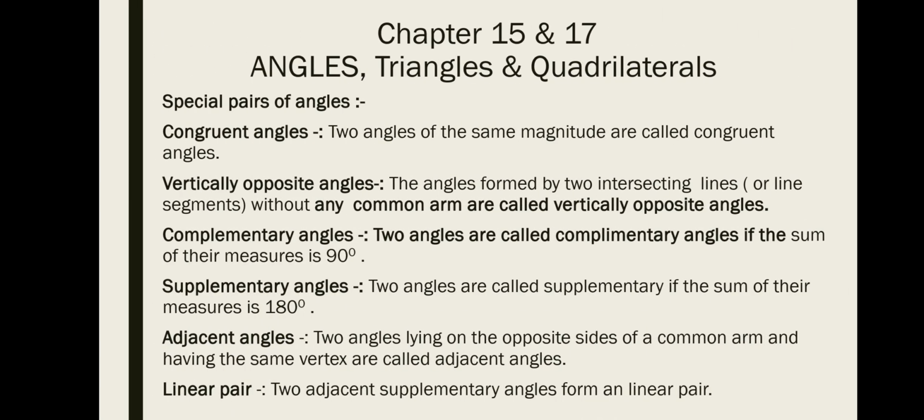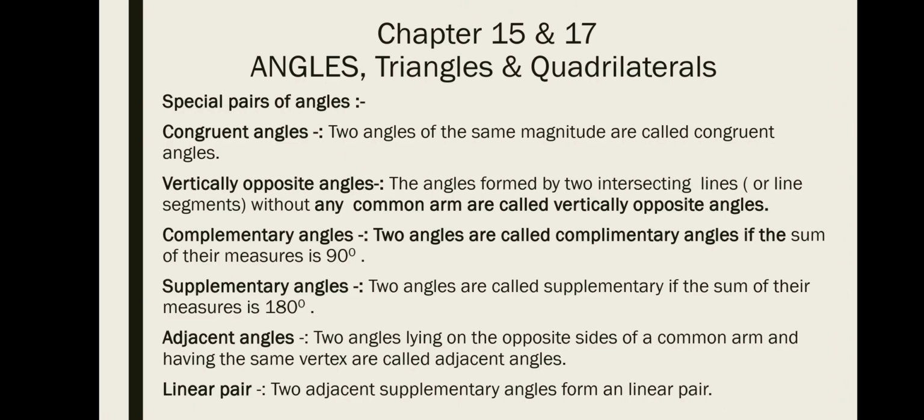Special pairs of angles, congruent angles. Two angles of the same magnitude are called congruent angles. Vertically opposite angles. The angles formed by two intersecting lines or line segments without any common arm are called vertically opposite angles.